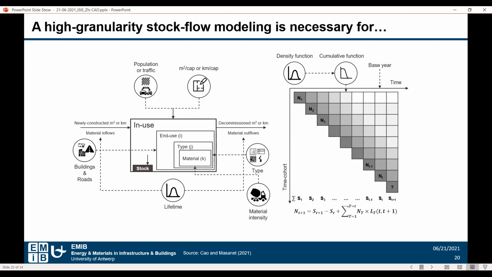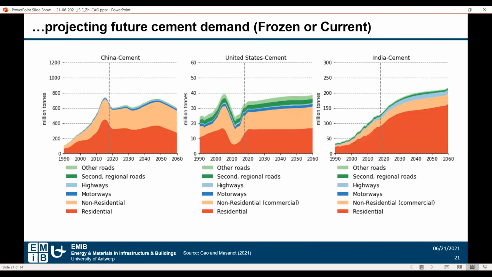So we are also able to project newly constructed floor area and road length by sector, therefore cement and concrete demand by sector. And for better presentation, I aggregate the result into fewer categories.